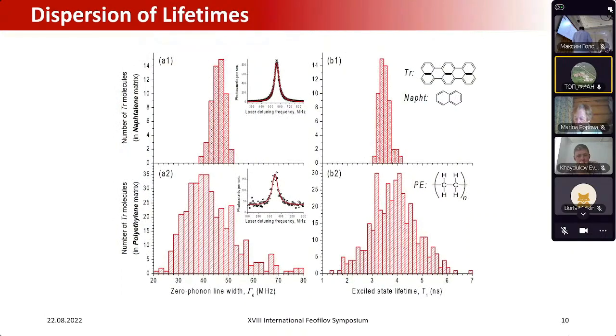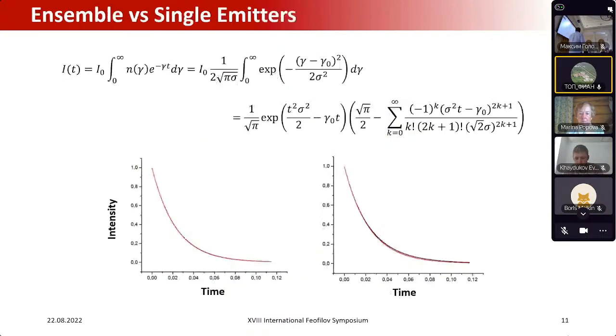But in contrast to the ensemble measurements, the single emitter measurements give the distributions of the lifetimes from one particle to another. And if you collect them back into an ensemble, any distribution, any dispersion of the lifetime would automatically suggest that there can be a non-exponential decay from the big group.